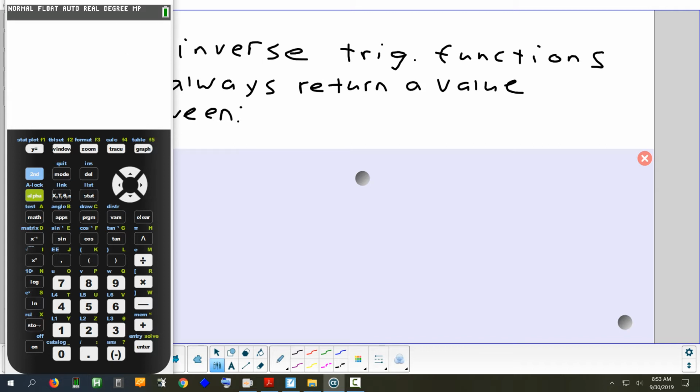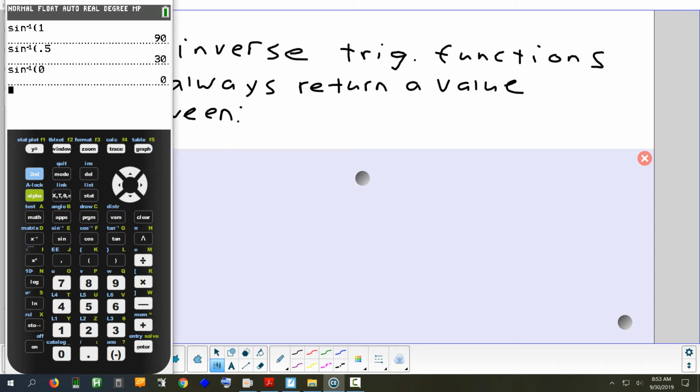So let's try typing in numbers between 1 and -1 and do the inverse. Just look for a pattern. Let's try 1. Well, we know that. If you type inverse sine of 1, you get 90. Let's try inverse sine of 0.5. I did that one with you guys when we started. That was 30.